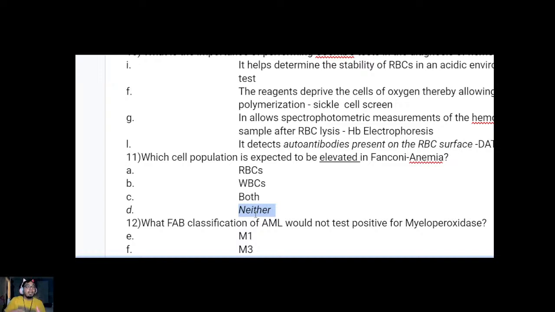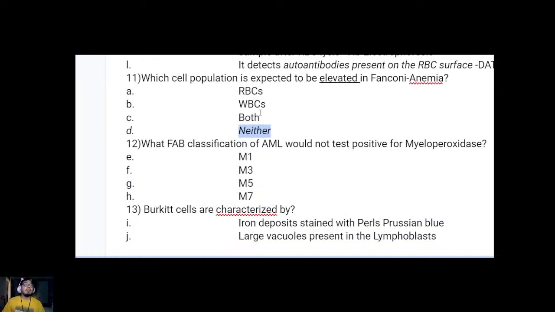11. Hindi ako proud sa inyo, class, ha? Hindi ako proud. Dahil dito, 16 people lang, 16.9% lang ang tama. And then the rest were incorrect. Class, pag sinabing anemia, mababa nga di ba? So, ibig sabihin, ine-etchos lang kayo. Kaya sinabing neither, di ba? Neither RBCs nor WBCs.